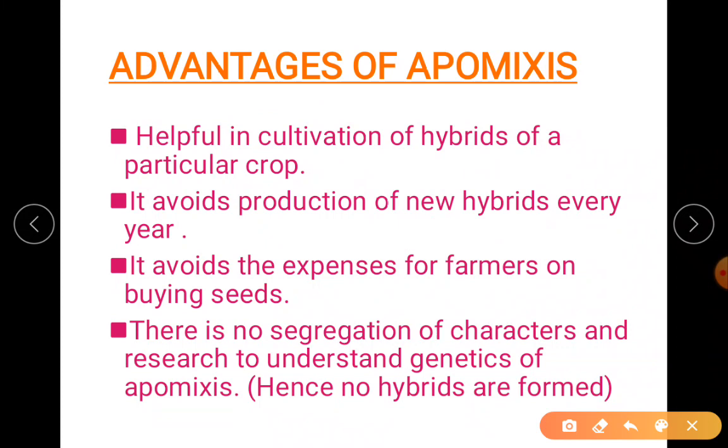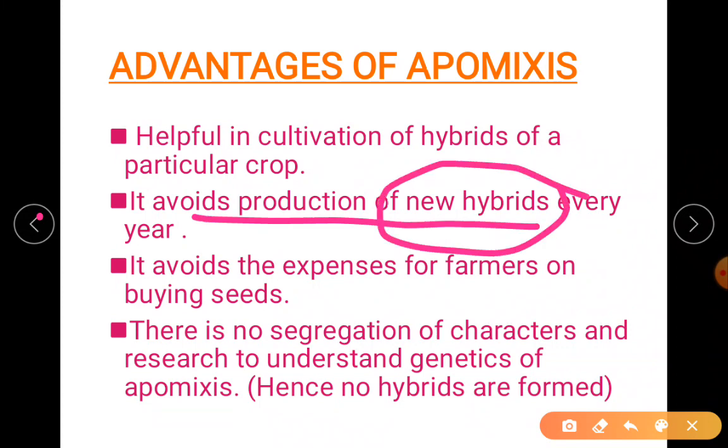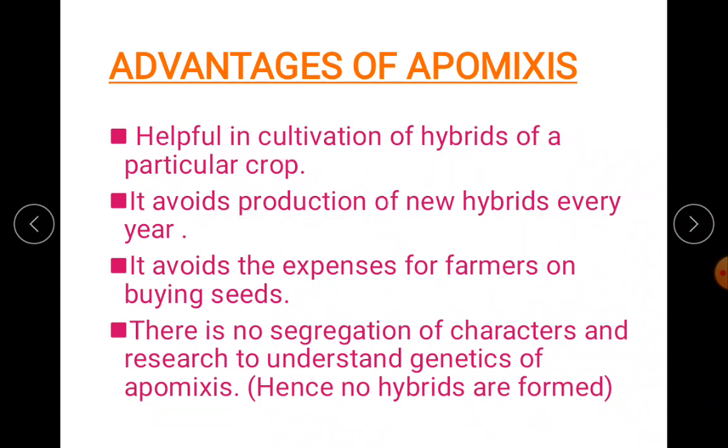Sometimes the quality changes because of genetic recombination or cross pollination. We want to keep it as the same quality. It is a good quality, the best quality, and I want to keep it the same way. I even want the seeds of the same quality. So it avoids the production of new hybrids and keeps the same hybrid as it is. So the cultivation of hybrids is easy, as well as the production of new hybrids is avoided.